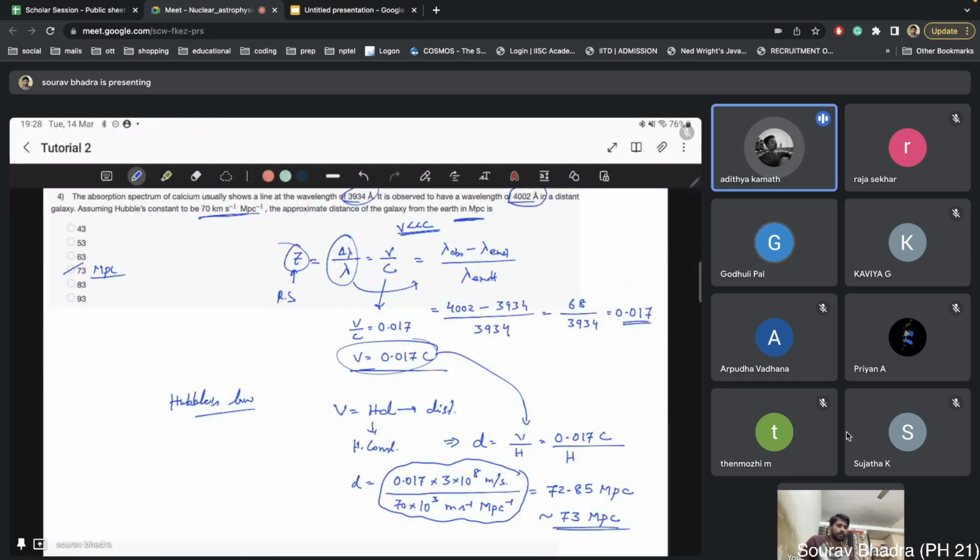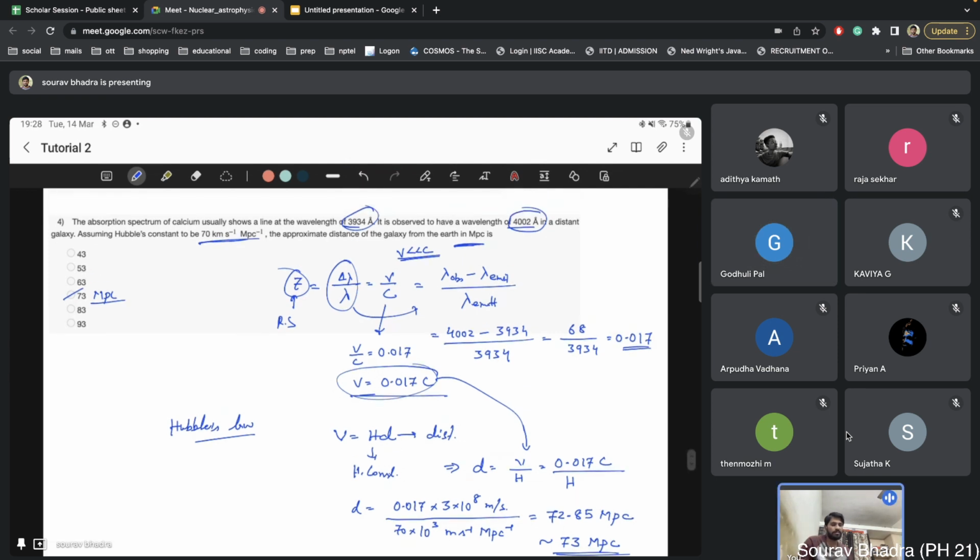Okay. Then maybe they have used 67, which is the old value of the Hubble constant, as you are saying. Maybe. Okay, so whenever you are giving this type of question, the paper setter must mention what value of H we should take, because there is a range of H values, right? So that should be given, I think.